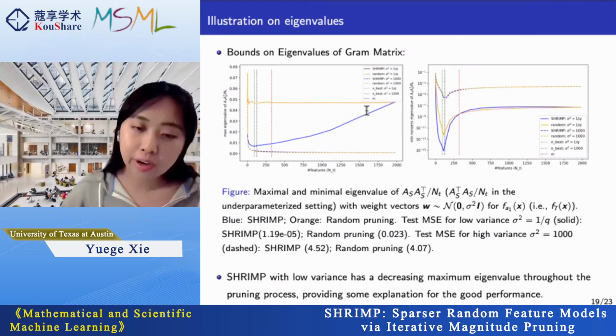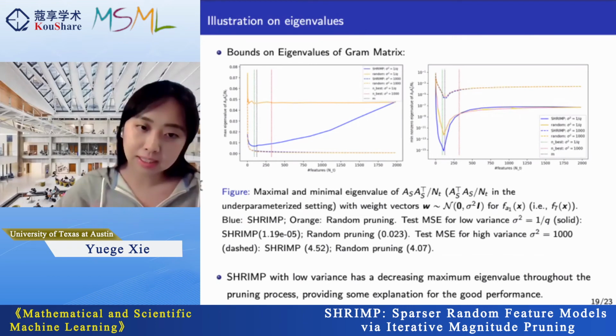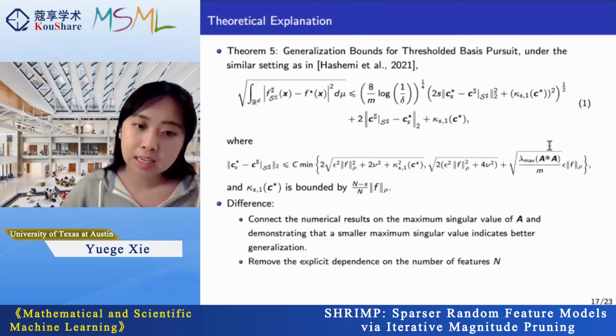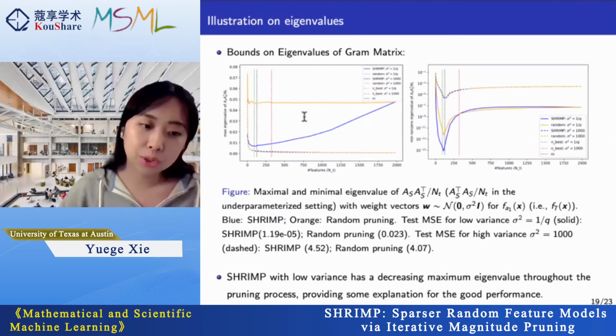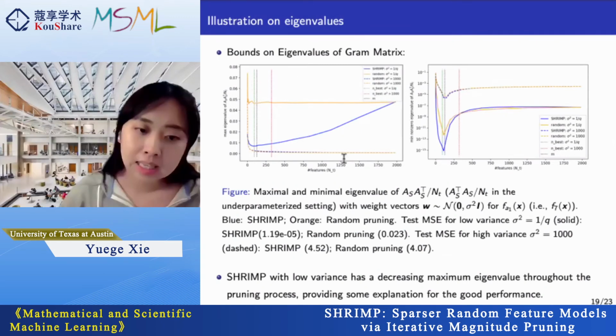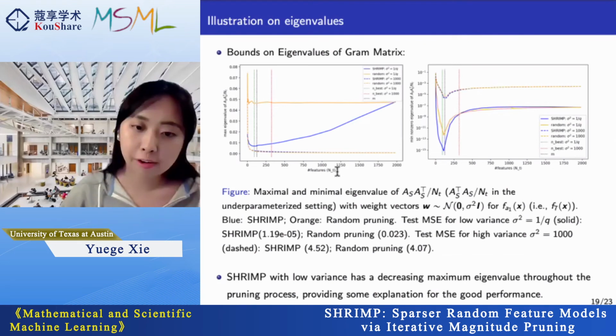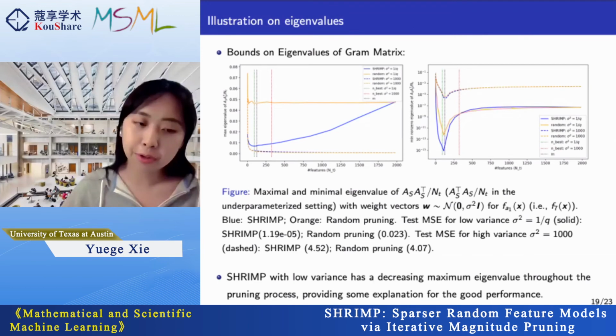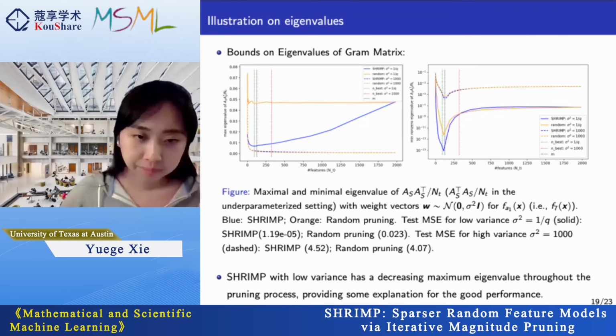With the low variance case, SHRIMP has a decaying maximal eigenvalue. And from our bound, we can see if the eigenvalue is decaying, we can have a smaller generalization bound. But for the random pruning, it stays similar. So we can see this benefit of SHRIMP from the perspective of the eigenvalues of the Gram matrix. And we provide some explanation both empirically and theoretically.